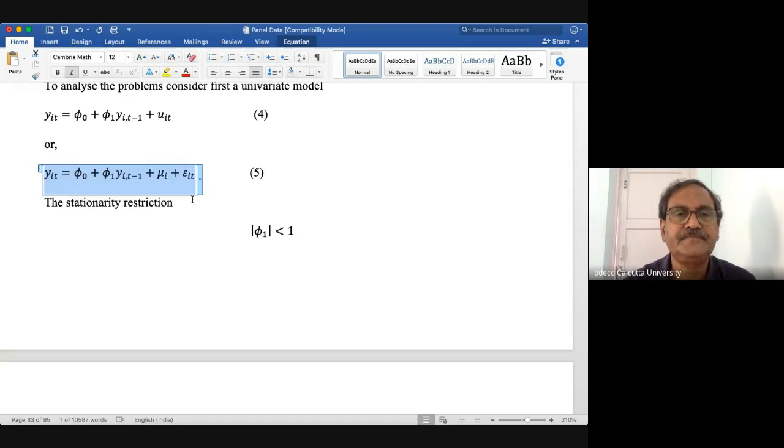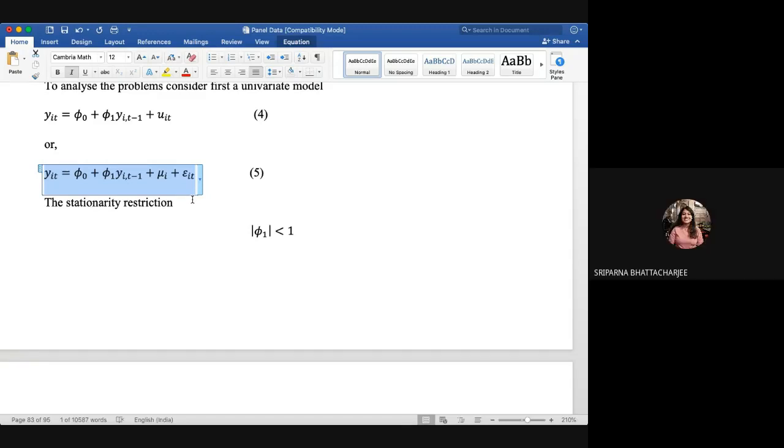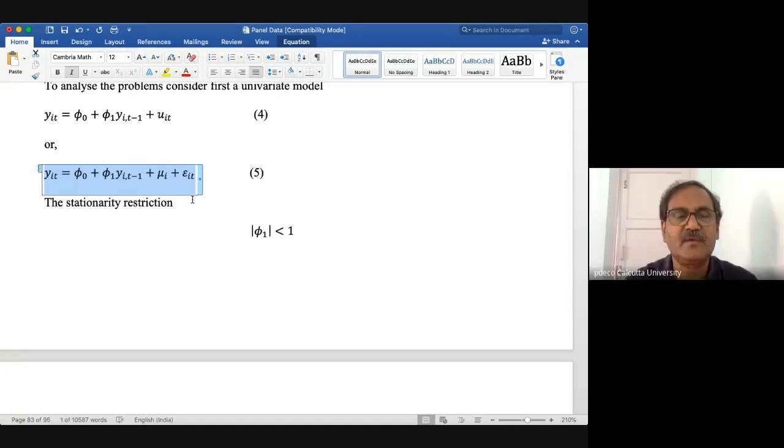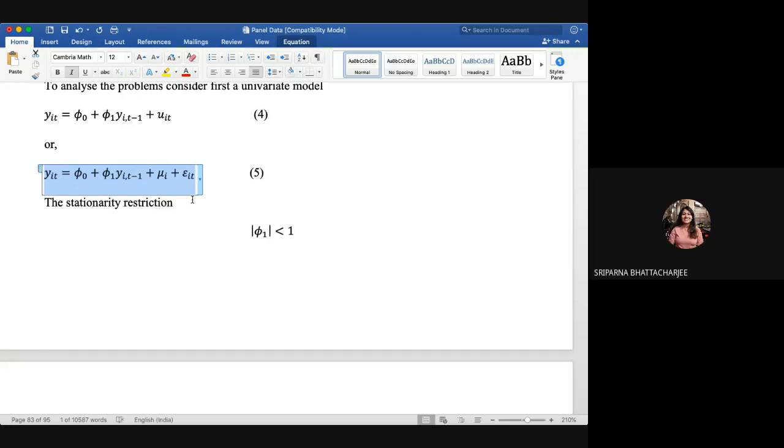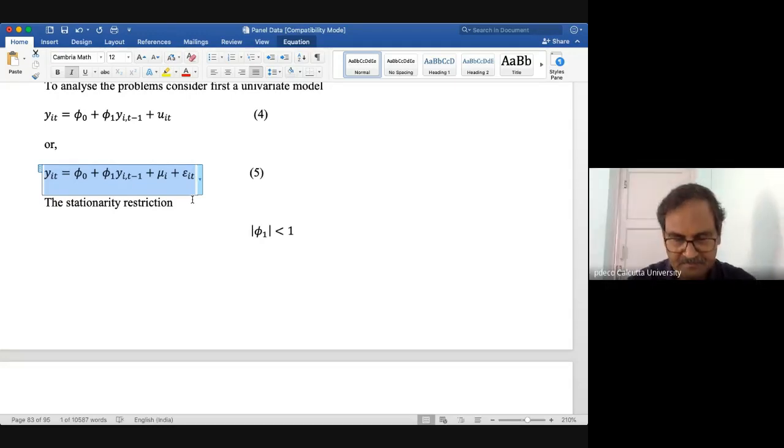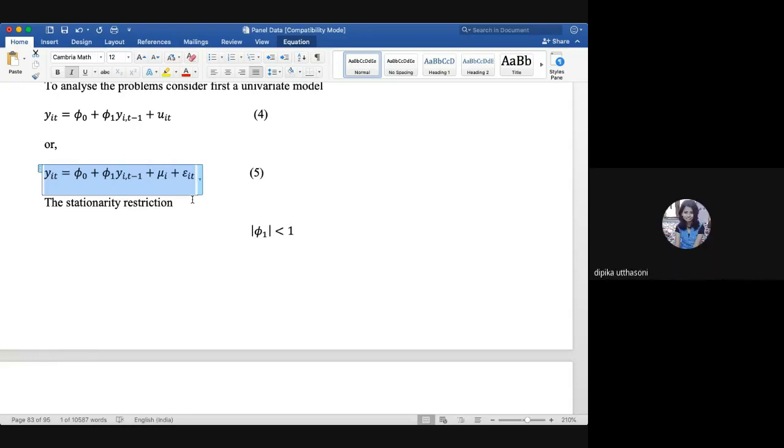So 1 plus phi 1, bracket, phi naught, plus phi 1 square yi naught, plus mu I into 1 plus phi 1, plus phi 1 epsilon I1 plus epsilon I2. Has everyone got the same result? Yes, sir.